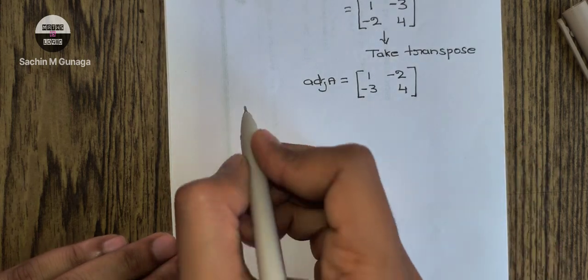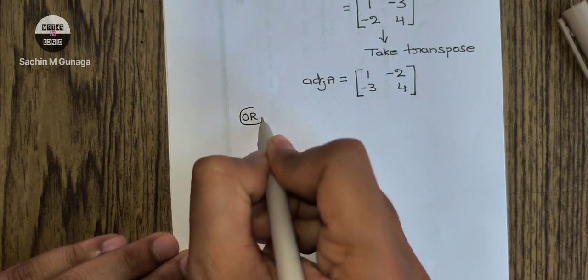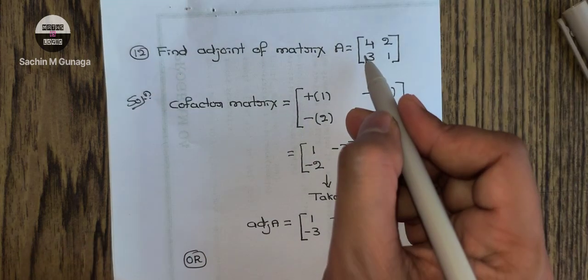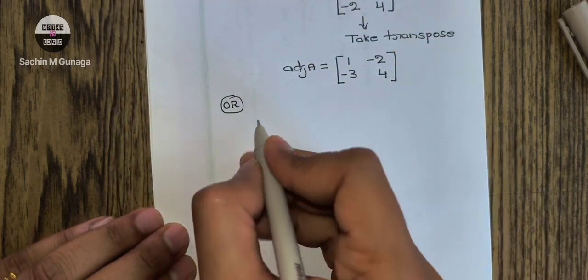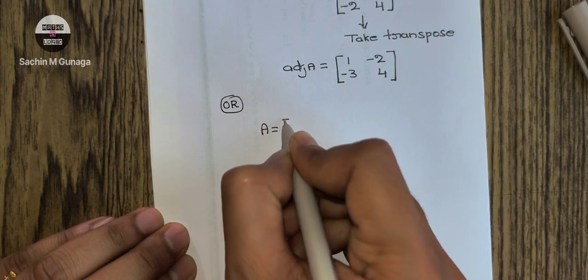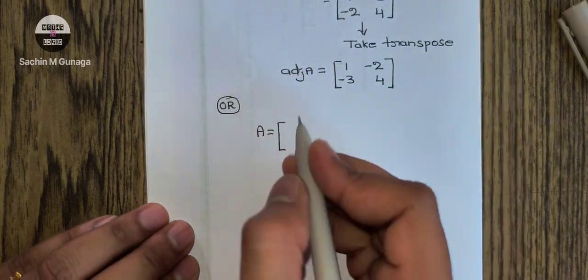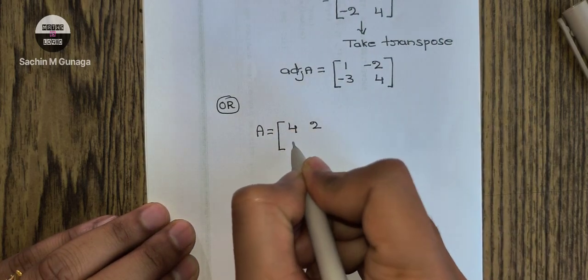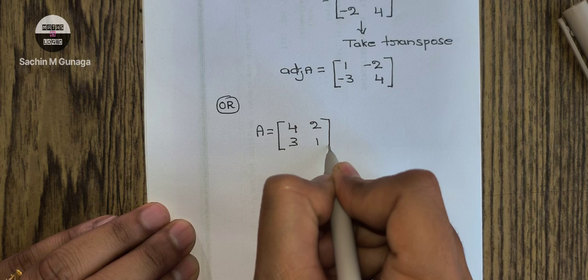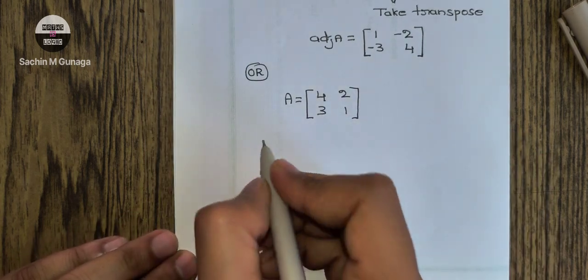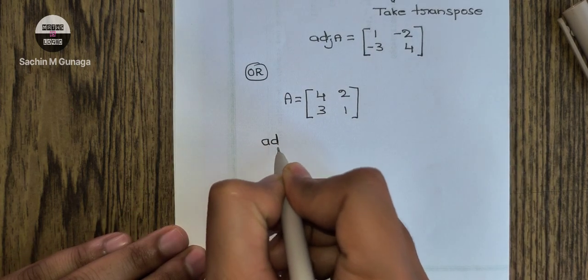So here shortcut method is there. So what is that shortcut method? First we are going to write here A is equal to the given matrix, 4 2 3 1. So the shortcut method is within one step we will get that answer.